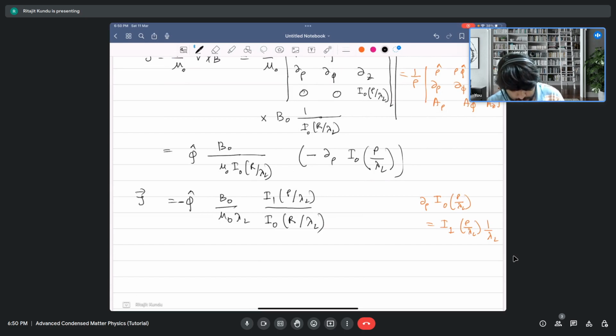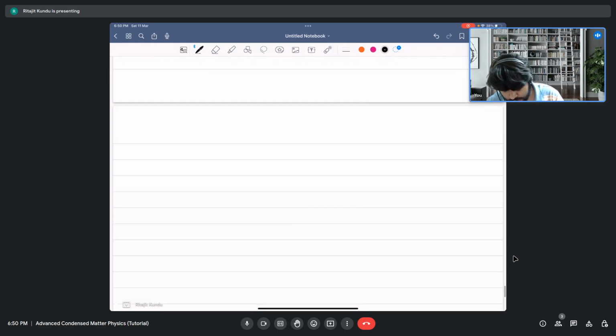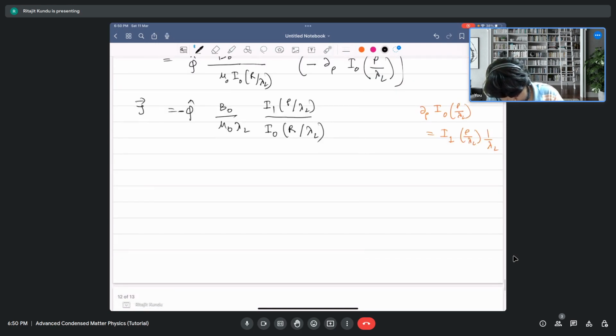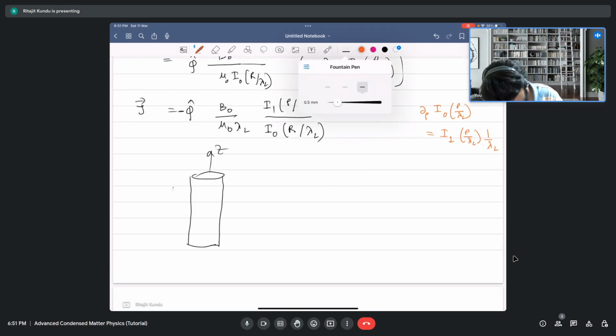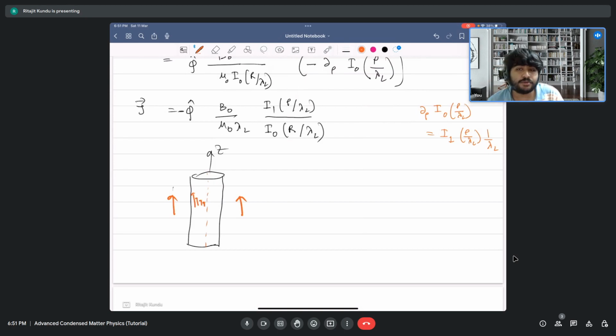Now let's visualize all of this together. If I have this cylinder which is infinite in the z direction, and I have only an applied field outside, then as the field enters the cylinder, it will decay, not in an exponential fashion but in a Bessel function way.